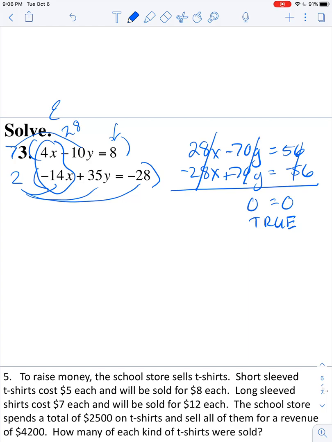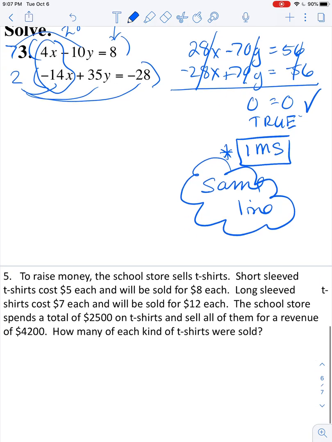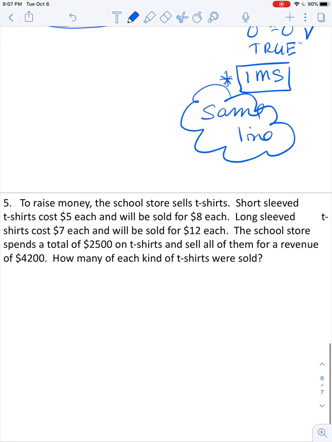So if that's true, it means that these are always true no matter what values you put in. And so there's going to be infinitely many solutions, meaning these would, if I graphed them, end up being the same line. You don't have to say so. This would actually be your answer. You show your work, you get a true statement, you are good to go.